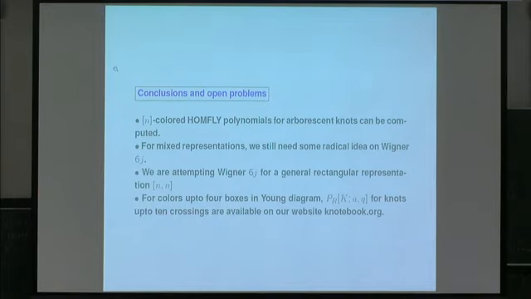We don't have it right now, but we hope we will get some more ideas and insights from our computation to get some information. Right now, we think we are very close, at least for the rectangular representations.